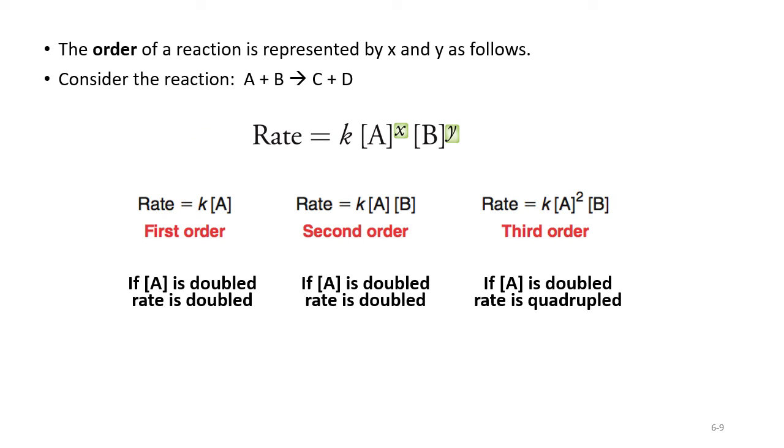So we said that the rate law helps us to understand how the concentration of the reactants affects the rate. Well, x and y can be all different numbers.